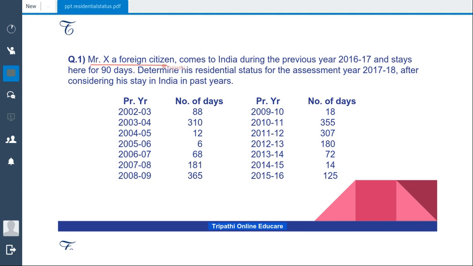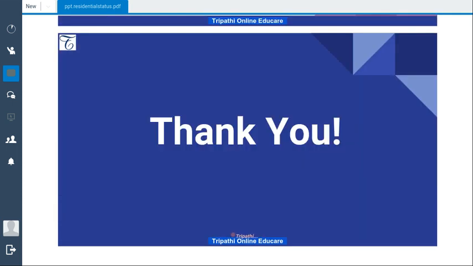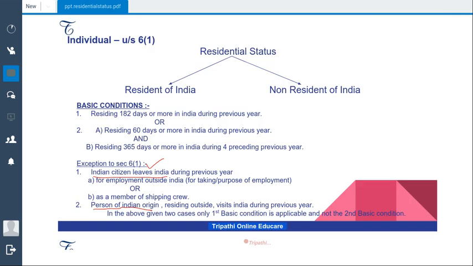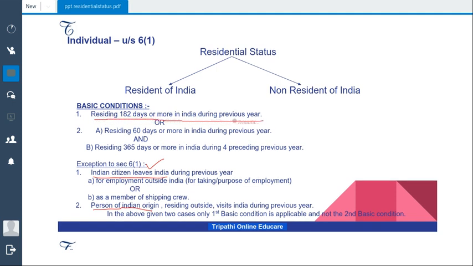Thus, if he wants to become resident of India, he can fulfill any of the two basic conditions. Now we should know the basic conditions. There are two basic conditions: residing 182 days or more in India during previous year, or second basic condition, which has two parts.